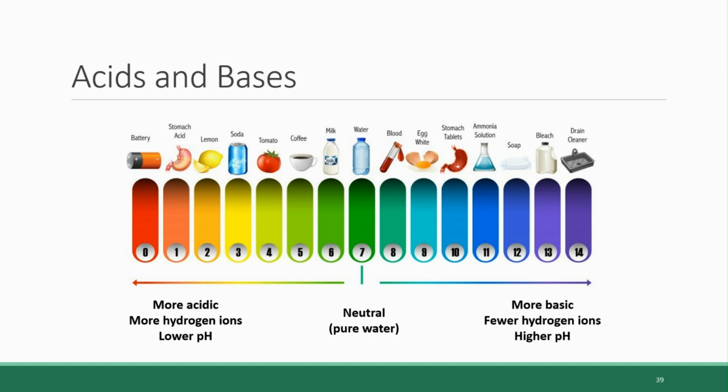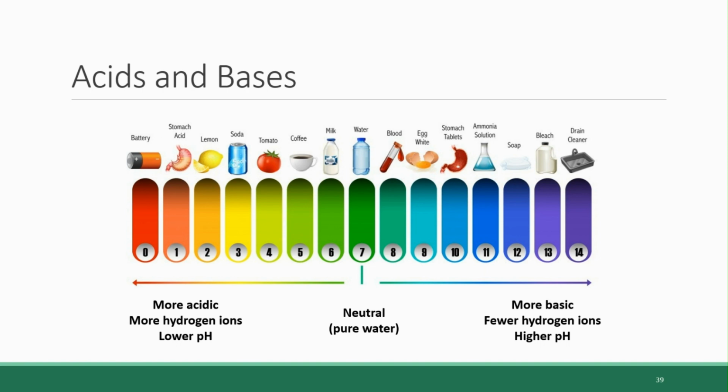So anything below 7 is an acid, and the lower the number, the more hydrogen ions, the stronger the acid. We can see something like battery acid is very strong, around pH of 0. If we go a little higher, we have stomach acid at 1, lemons, soda, tomatoes, coffee, and milk is just slightly acidic.